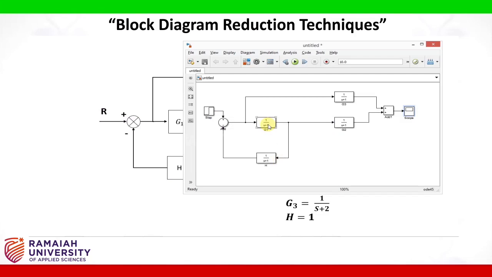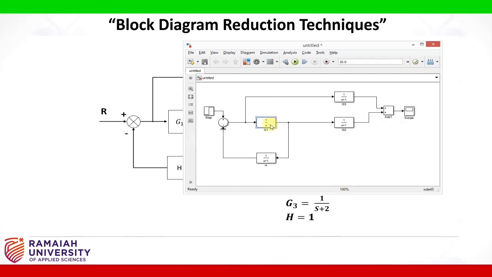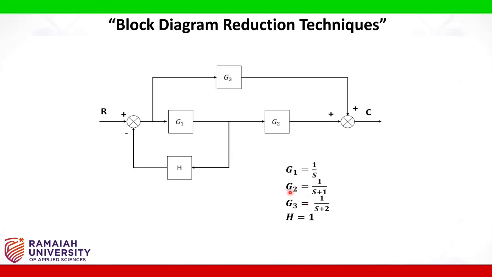The numerator should remain as 1. In the denominator we have S, so it is 1 space 0. Apply, OK. You can see we have 1 by S as G1. Now G2 is 1 by S plus 1. Double click on G2.